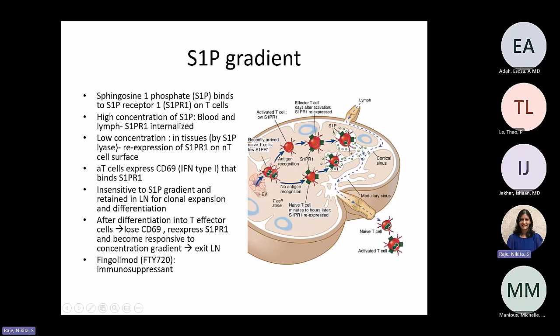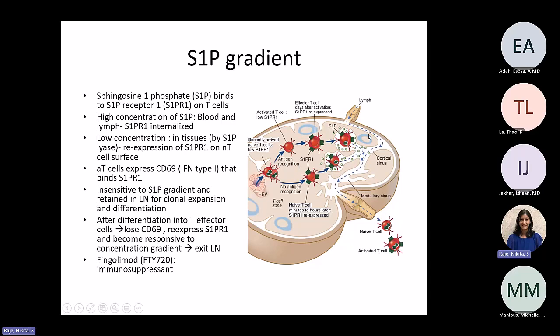So naive T cells move towards the lymph node, and in there, when they get activated, they start expressing something called CD69. CD69 binds to the S1PR1 on the cells, and so they become insensitive to the S1P gradient.